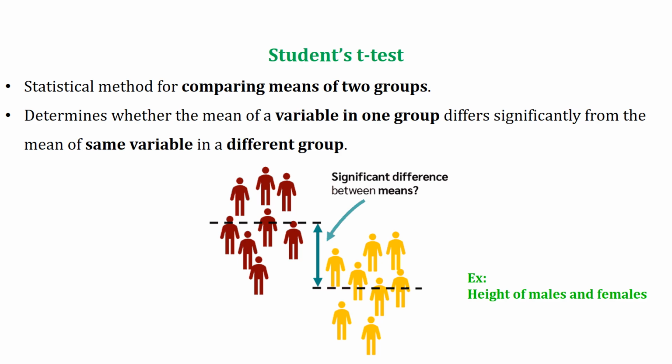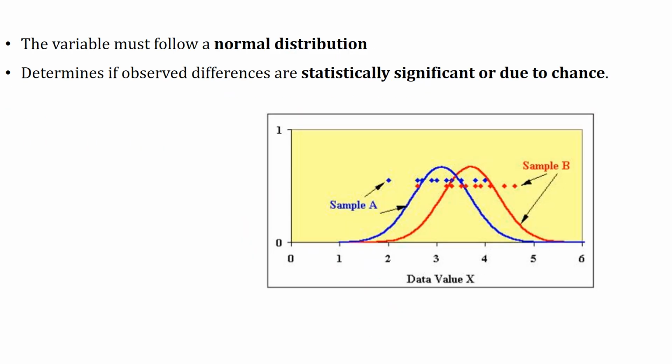Student's t-test helps compare the means of two groups to see if a difference is significant. This is useful when comparing things like plant height or growth rates. The data should follow a normal distribution.